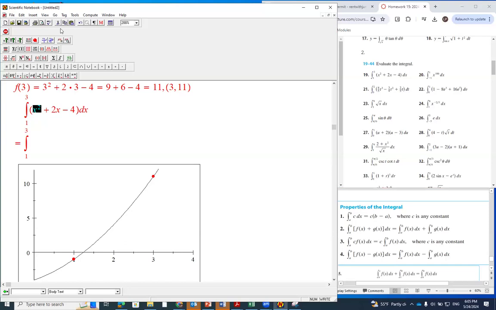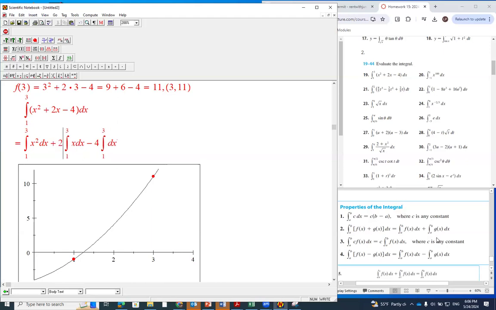Okay, so we have the integral of x squared dx, plus, and the next one is going to be the integration of 2x dx, minus 4 times dx, which we can take the constant outside.